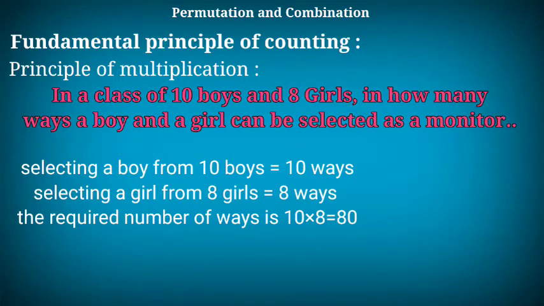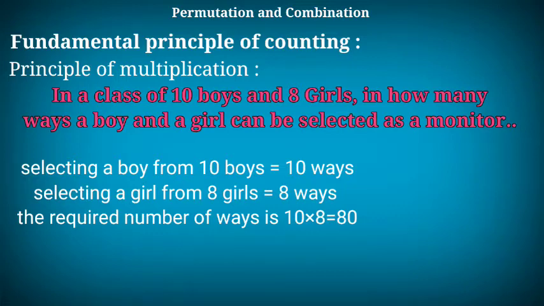So, one boy can be selected out of 10 boys in 10 ways. Any of the boys can be selected, and one girl among the 8 girls will be selected in 8 ways. So, total ways of selecting those two students is 10 into 8, that is 80.